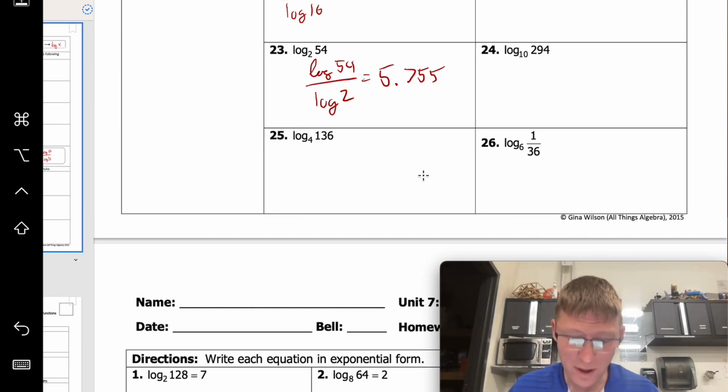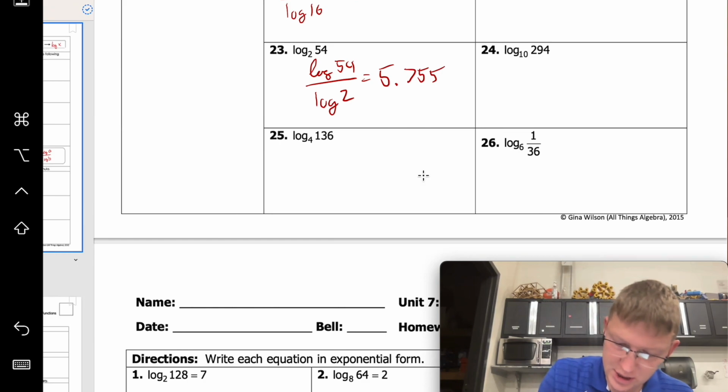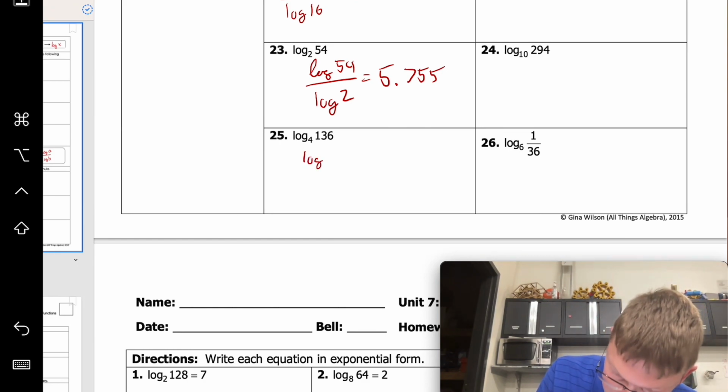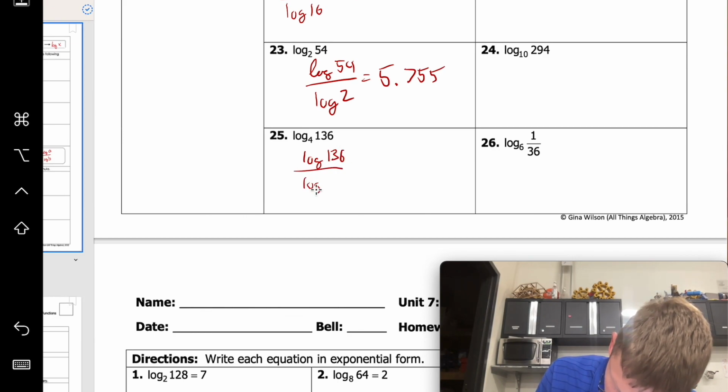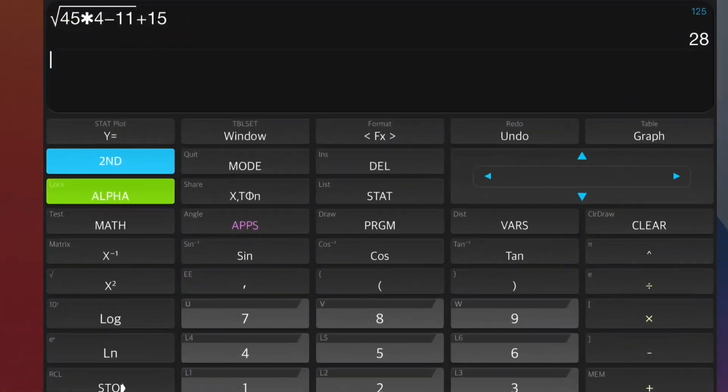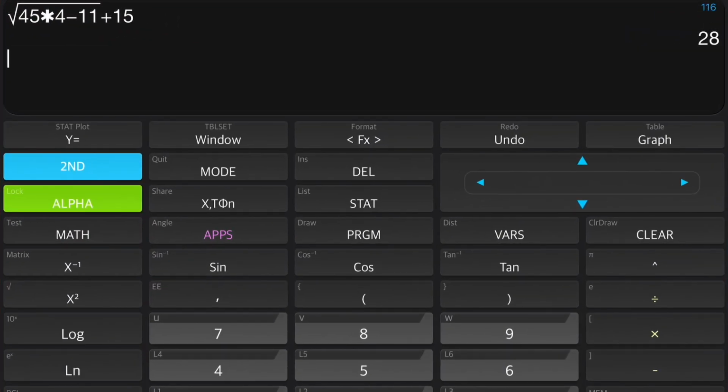Okay, this last one, I actually want to show you how it looks on the calculator. It's log base 4 of 136. So we change it to log base 10 of 136 over log of 4. You'll just have to remember that while we go to our calculator. We're going to use this log button right there.